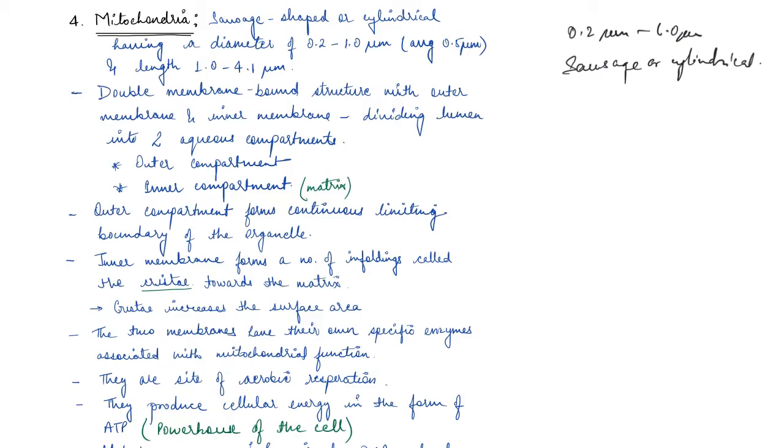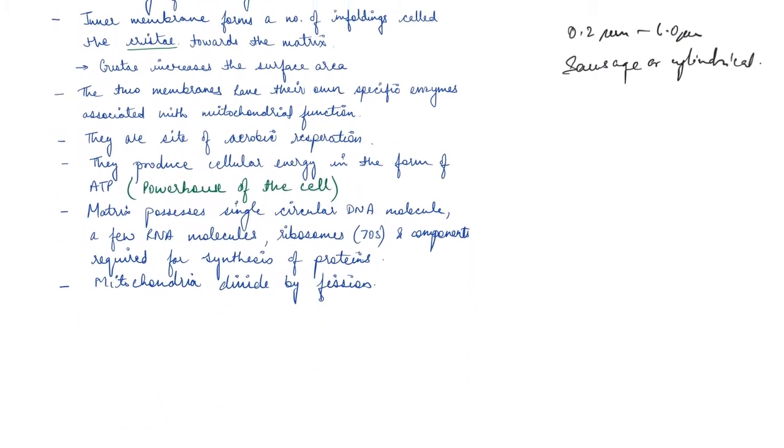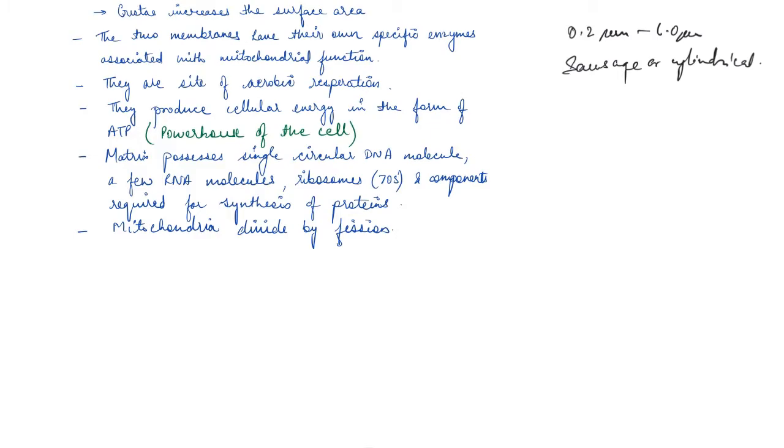So what is the main function of mitochondria, guys? Mitochondria is the site of aerobic respiration. They produce cellular energy in the form of ATP, and that is why they are known as the powerhouse of the cell. Apart from this, the matrix of mitochondria also possesses a single circular DNA molecule.